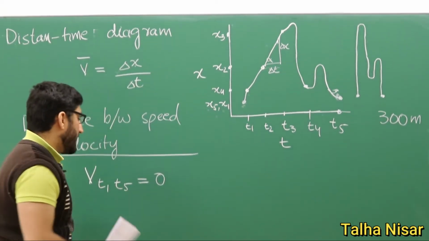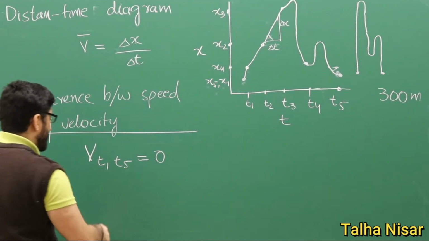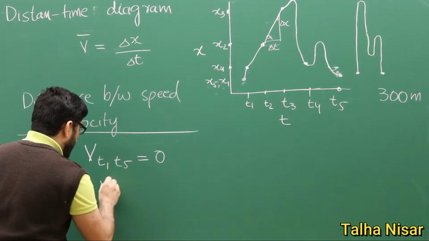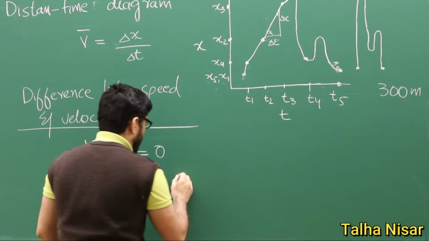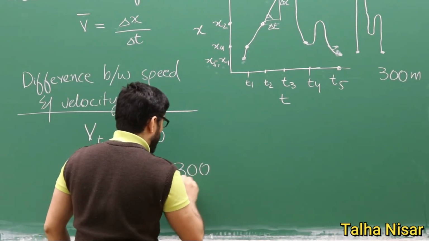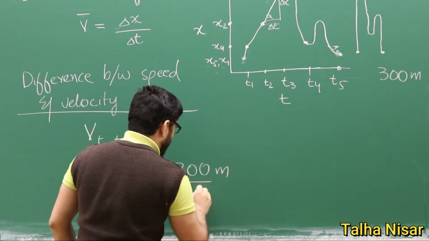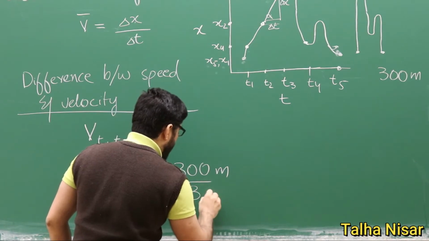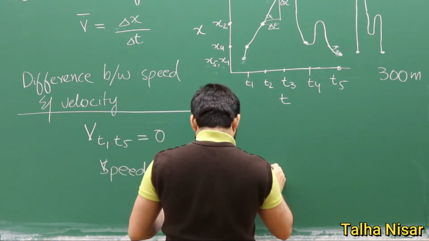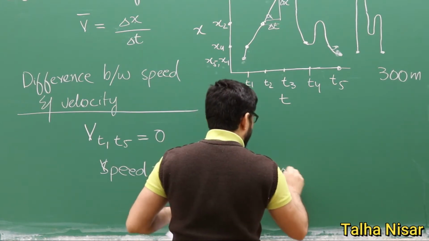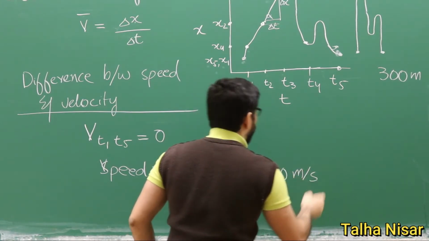Then the speed between t1 and t5 is 300 meters divided by 3 seconds, which is 100 meters per second.